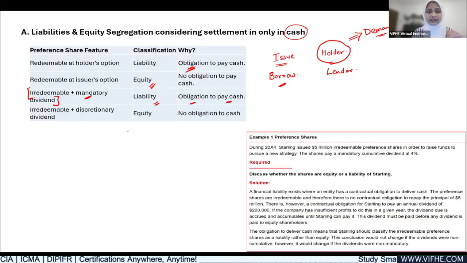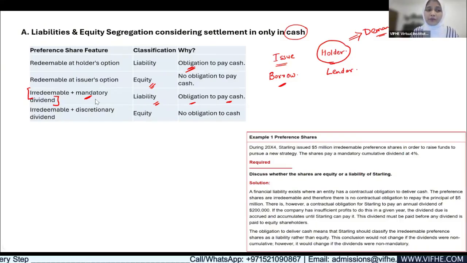Now, the last category here, irredeemable. Again, I don't have to pay for these borrowed funds till winding up only, of course. And along with that, additional clauses attached of discretionary dividend, meaning I can pay, but this is management's decision. Whenever management wants to pay, they will pay. There is no compulsion, no mandatory dividend.